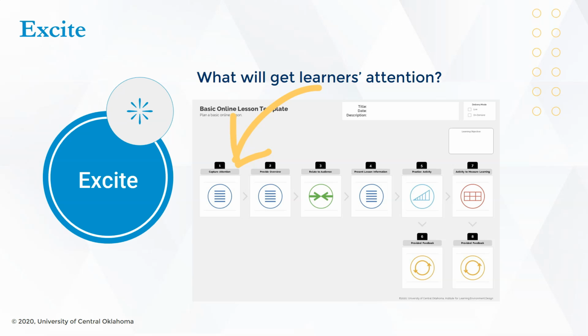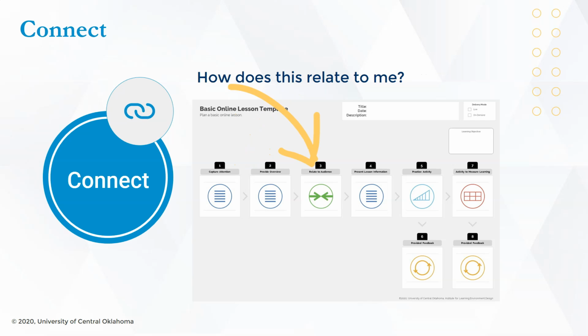And so this may be a compelling video. It may be a story that you have. It may be something that is going to be meaningful to the audience you're trying to engage. And so when you're identifying that capturing attention, that's a key point to be able to excite learners about what they're going to be learning. So what will get learners' attention, and being able to plug that right into the template that's there.